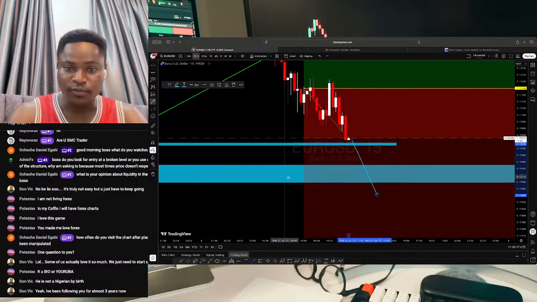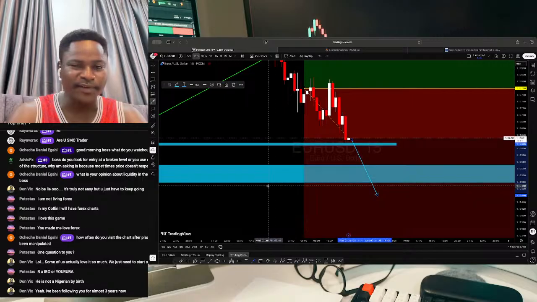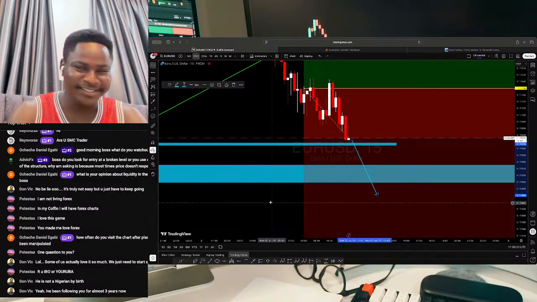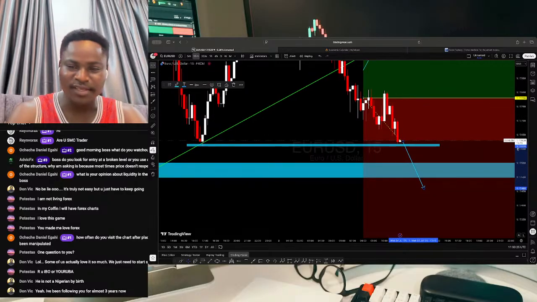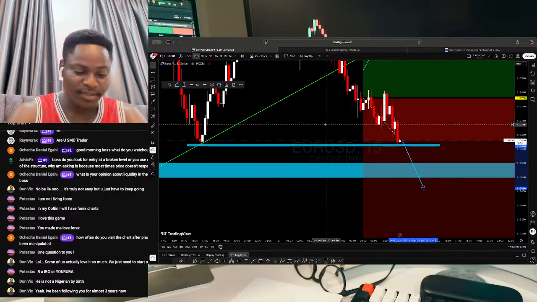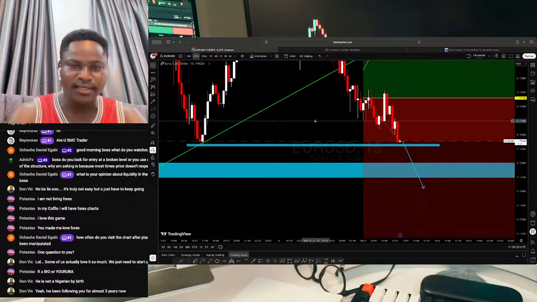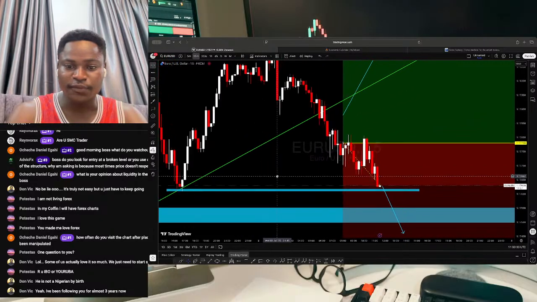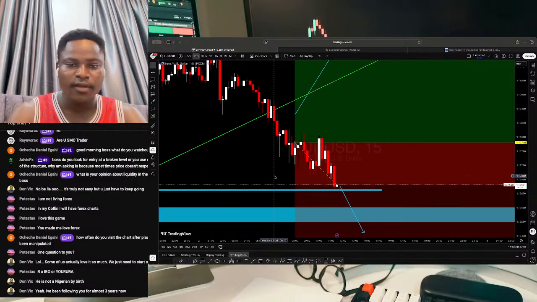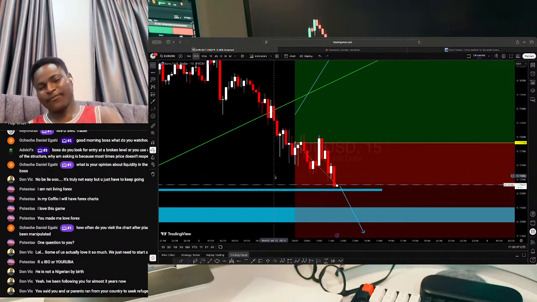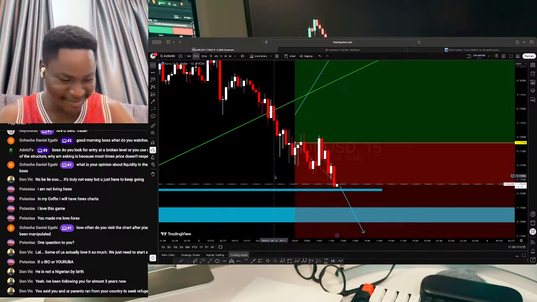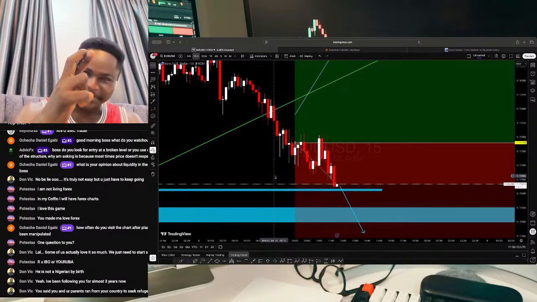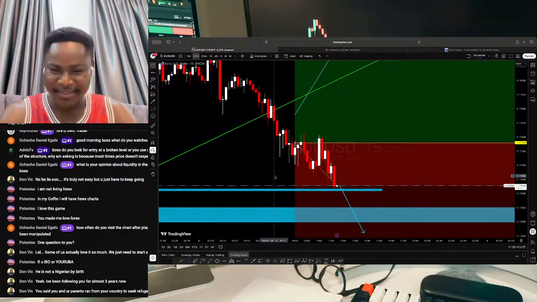And like I said, when the market breaks out of this, definitely I'm closing my trade immediately because the market is changing structure, right? But for now, fingers crossed, I'm still holding my trade.